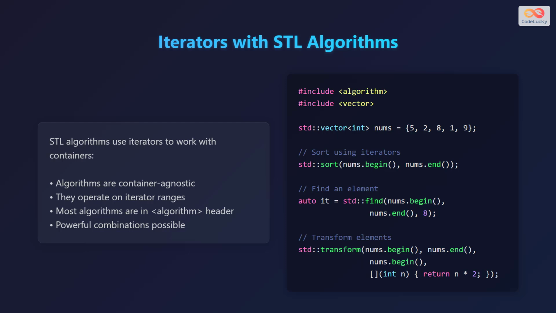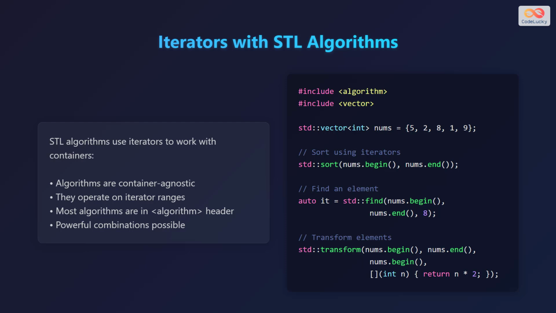Most STL algorithms can be found in the algorithm header file, providing a rich set of tools for performing common operations on data structures. By combining iterators with STL algorithms, you can achieve powerful and expressive code for manipulating container elements. Here's an example demonstrating the usage of iterators with STL algorithms.